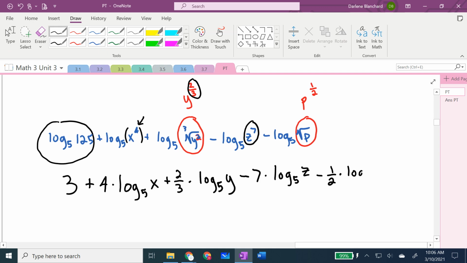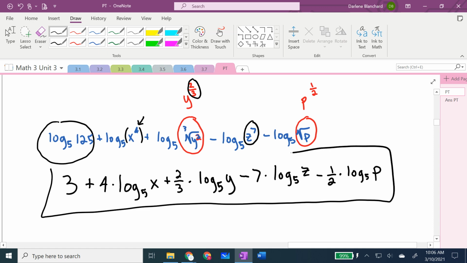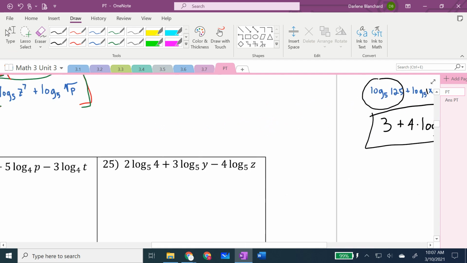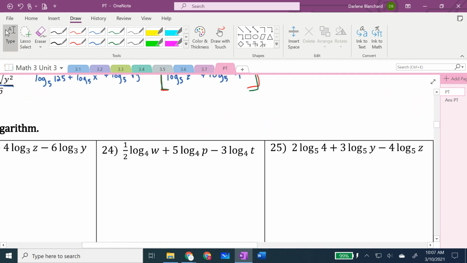And the only thing left inside the logarithm at that point is the p. And then that is expanded. I will not give you a problem this difficult on the test, but I feel it's important in a practice test to really challenge you, because if you can do those, you're good.